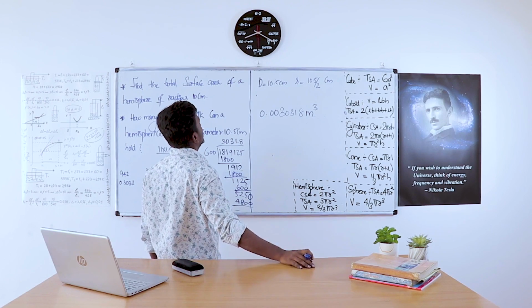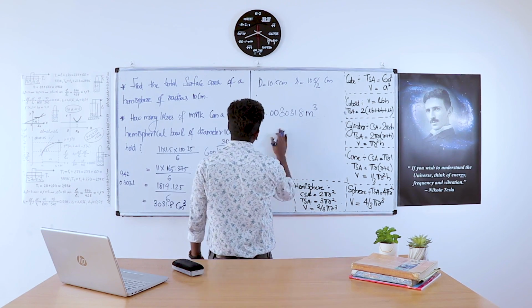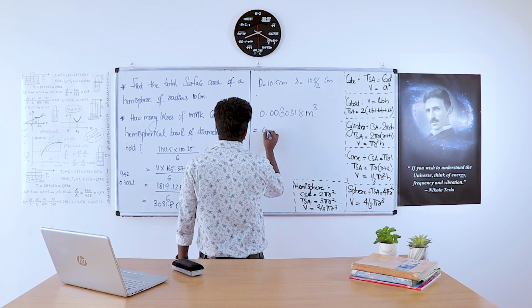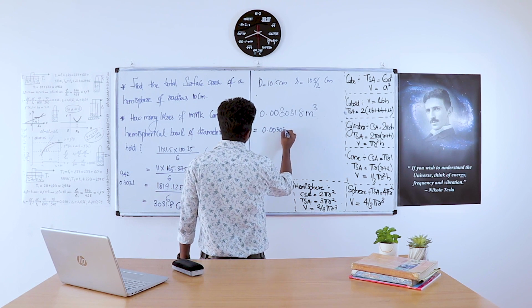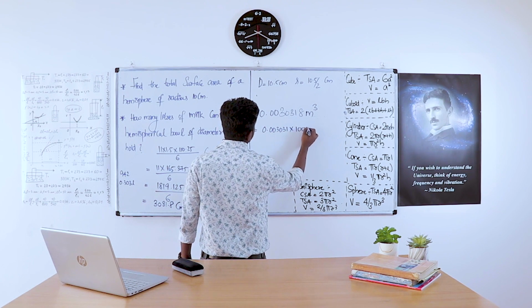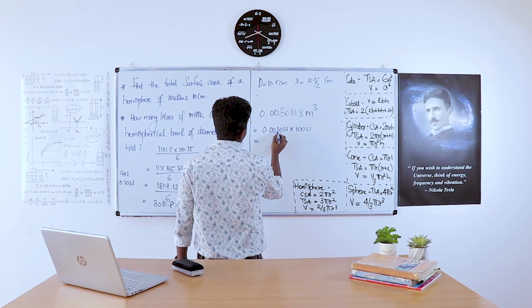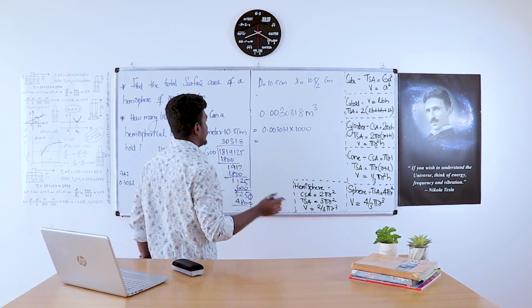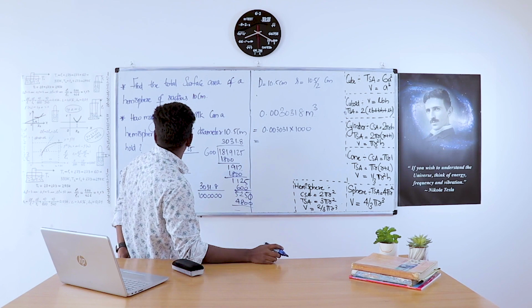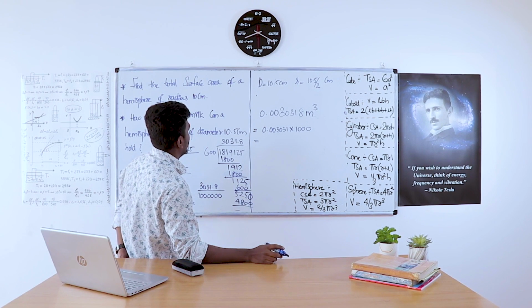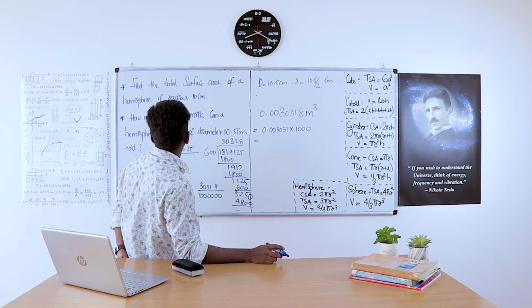Okay, this much of meter cube. How to convert this to liters? For converting this to liters, multiply with 1000. Just multiply it with 1000, then it becomes liters.